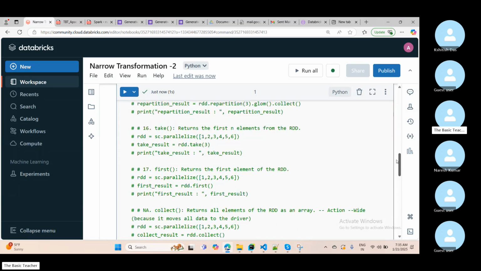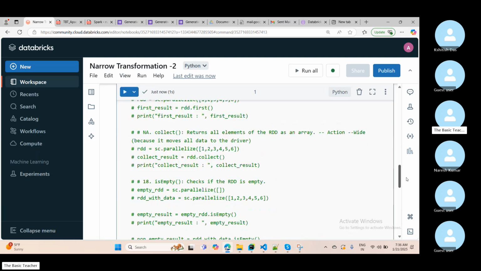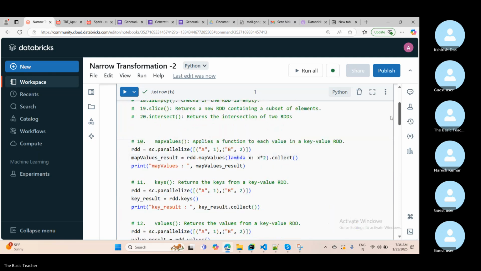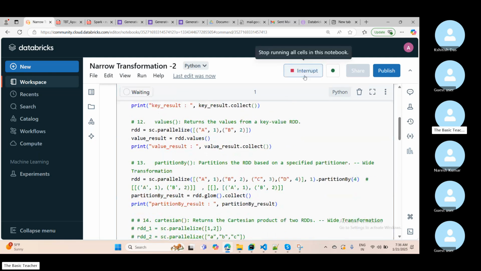If we do it with one only, then we will get a single partition. If you see now, all the data is in a single list. And if we do 4, then you can simply distribute the data. Whenever you are doing partition by, redistribution will happen, and when redistribution happens, data will shuffle.